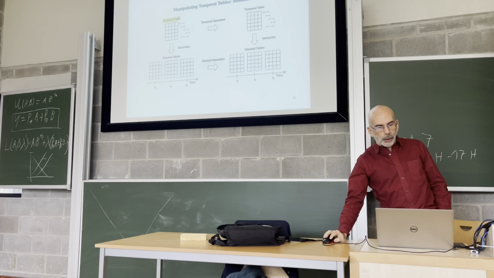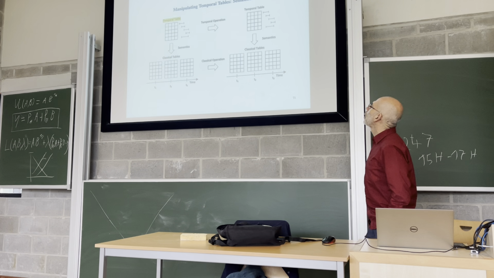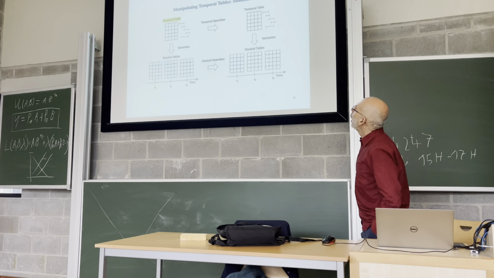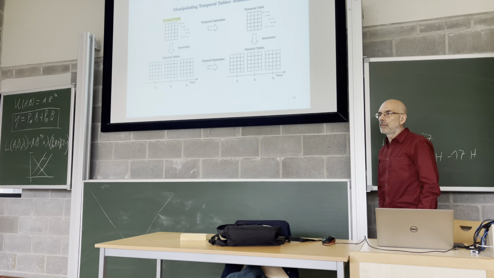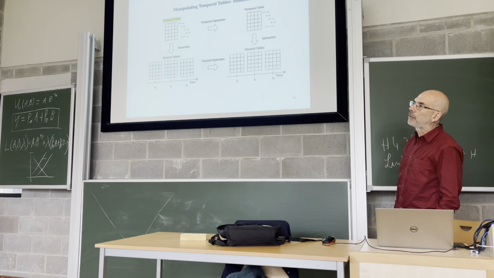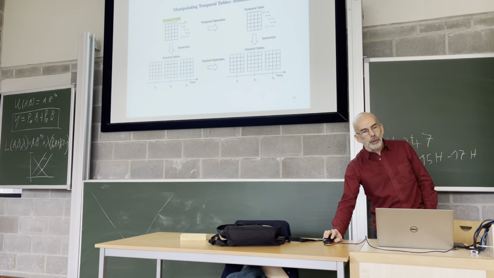We have a temporal table here. As you know, a temporal table has a set of columns which are traditional columns, and two columns, or maybe three, or maybe four, which represent the validity of this row of the table. Okay, so this is somehow represented at the intuitive level.